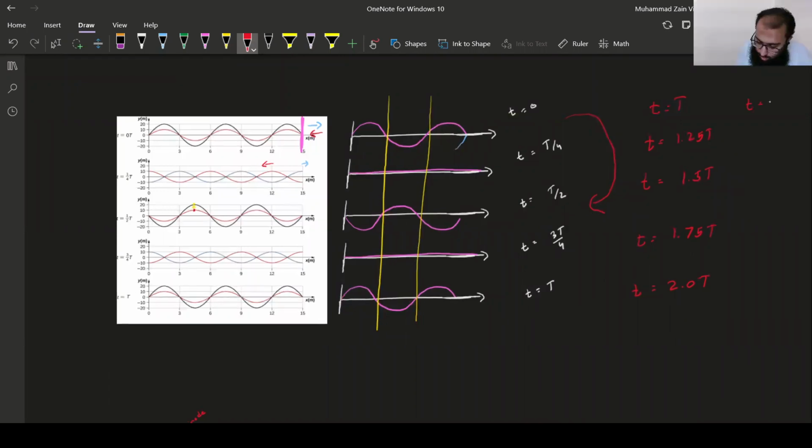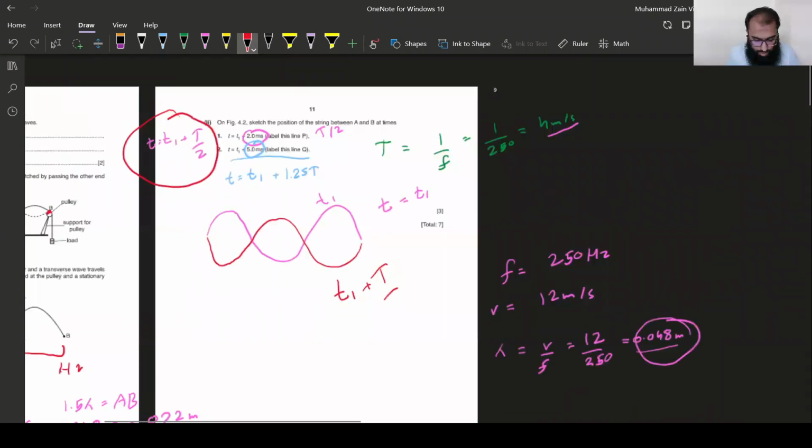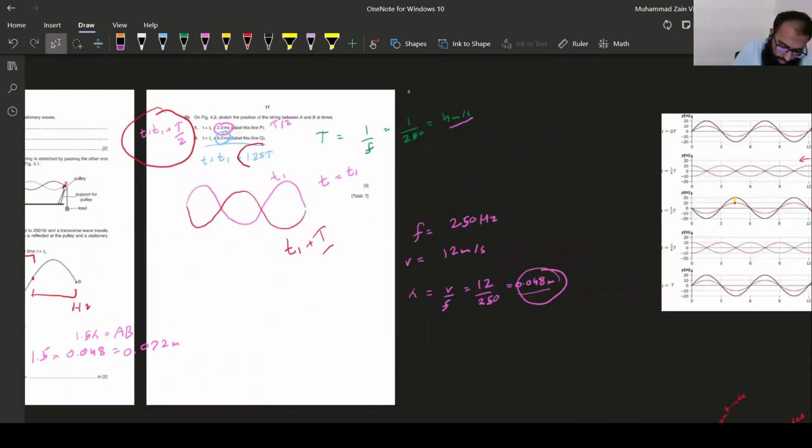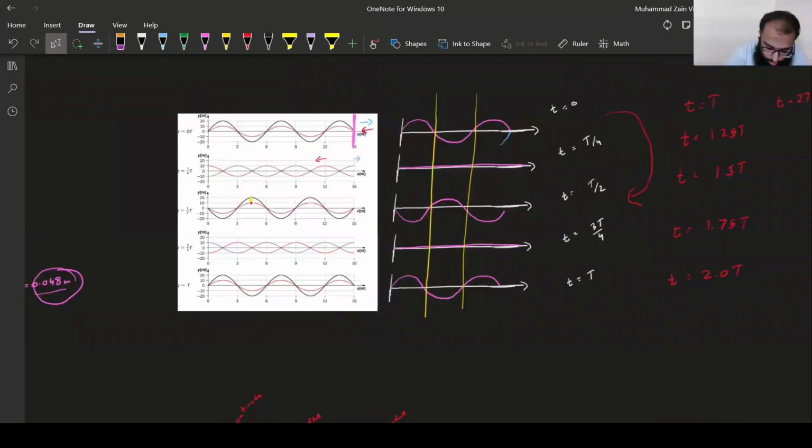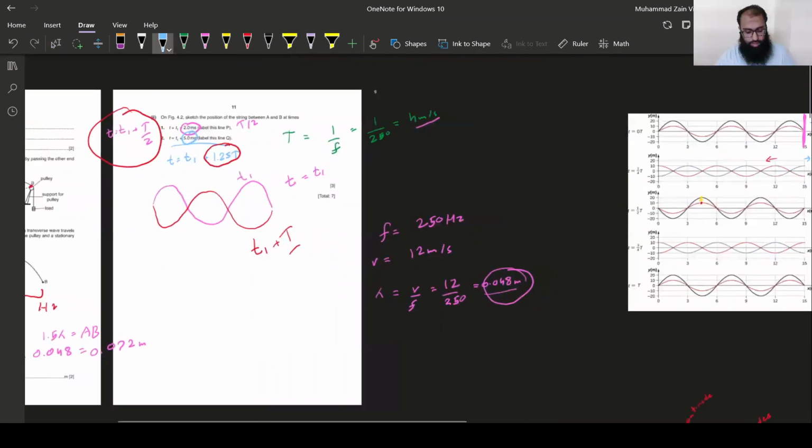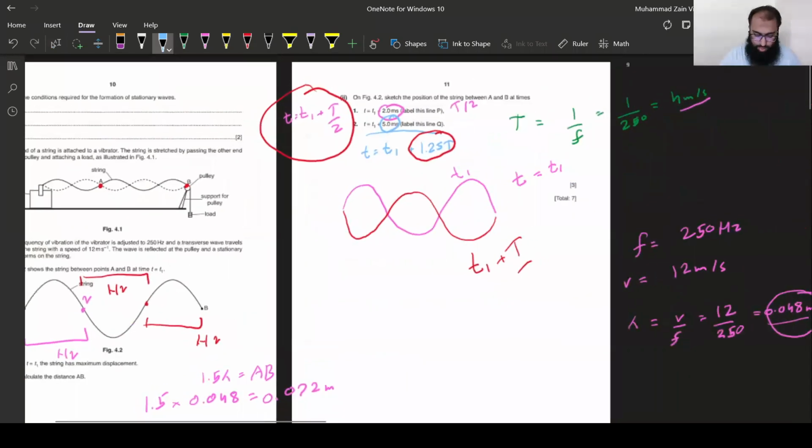So I can just simply look at the wave and tell that if it's 1.25T, the wave would go from this point. If this is how the wave is at time t equals 1, this would become a wave like this. That's how the wave would move in a quarter time period. If we're talking about time t equals 1.5T, this is how my wave would become.